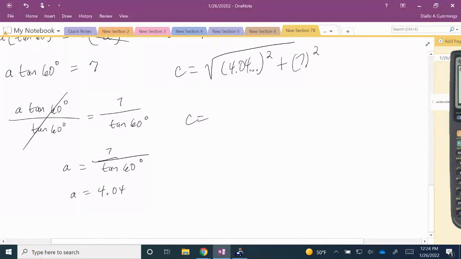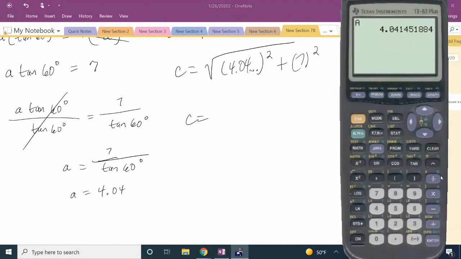This is what I'm going to put into the calculator. So I have the square root of A squared plus B squared. And now I'm going to round this final answer, and we have 8.08.